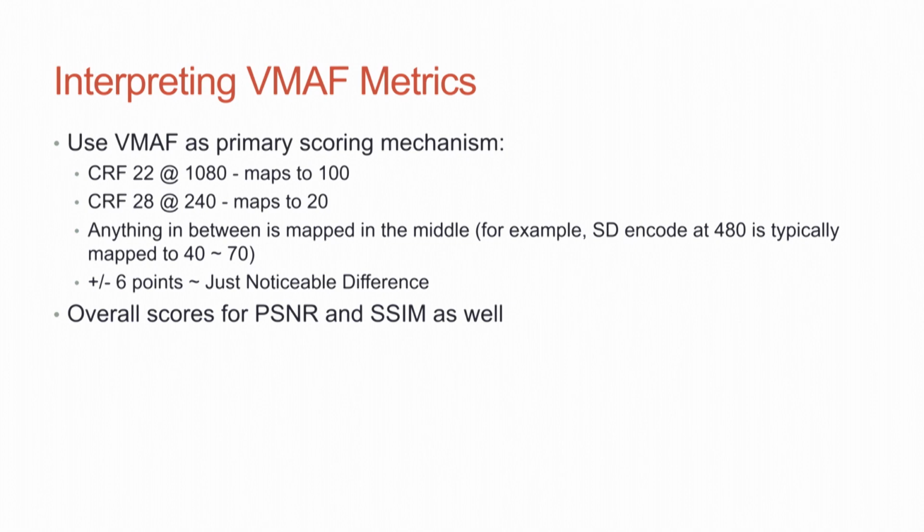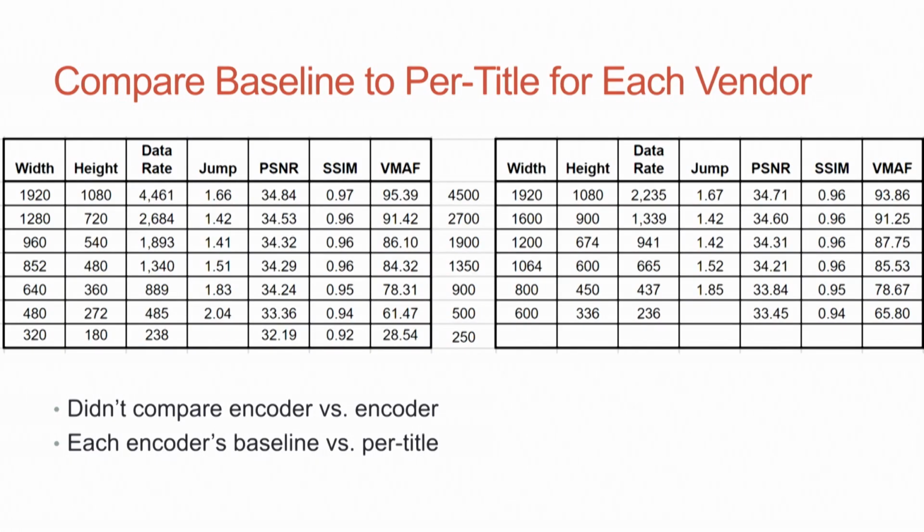Plus or minus 6 points should equal a just noticeable difference. Why do we care about that? Because if I see a difference here between 95.39 and 93.86, I know that most people won't notice that because it's not 6 points. If it's 3 points, I start to think, well, some people might notice it. But a difference of 6, I think 75% of people who compare those two clips would notice the difference.